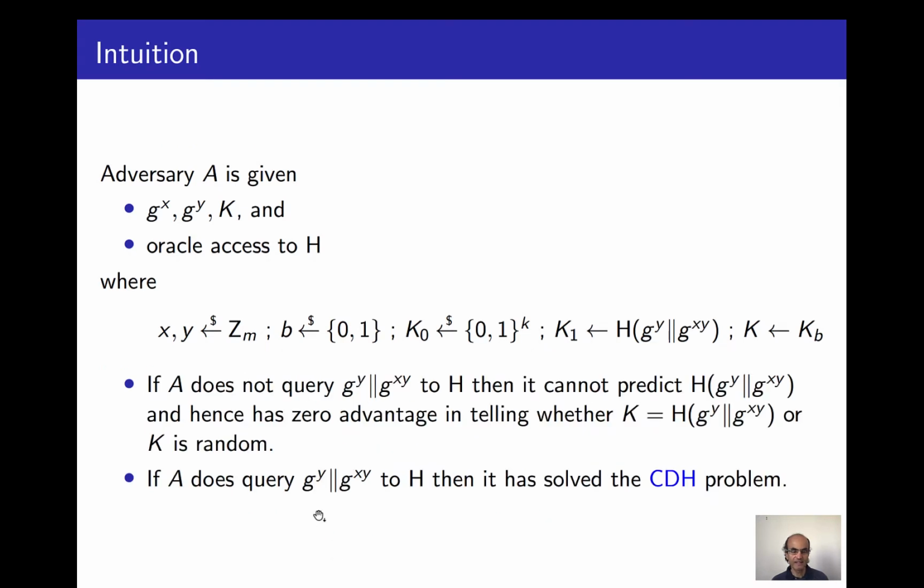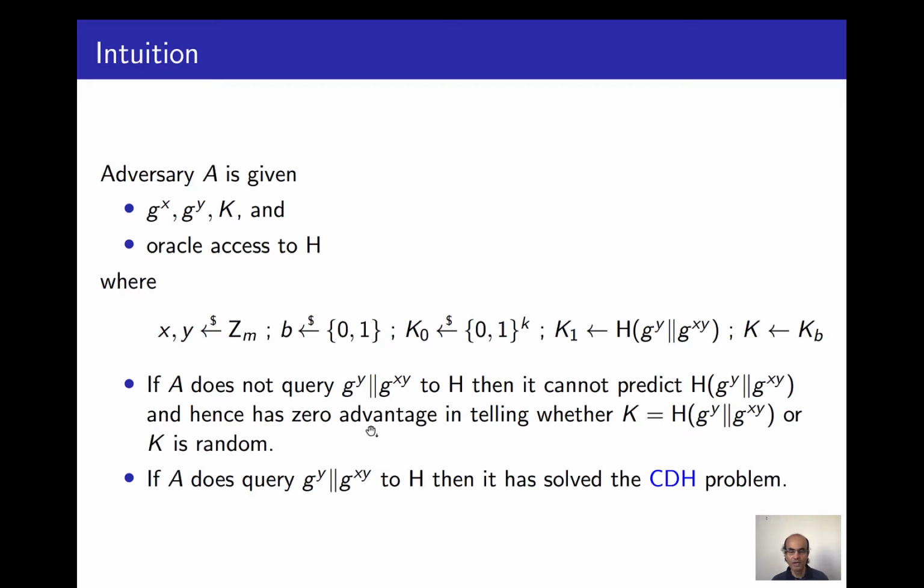Let's take that a little further with regard to doing the proof and building the required adversaries for the reduction. So consider two cases. One is that A does not make this crucial query to its random oracle. Our claim is that in that case, it has zero advantage.